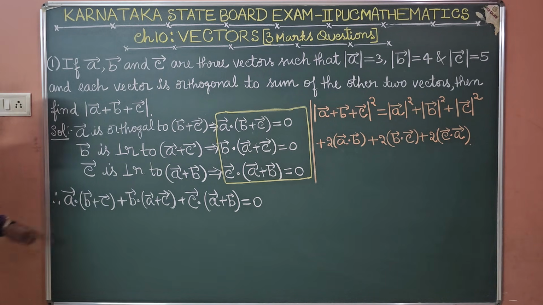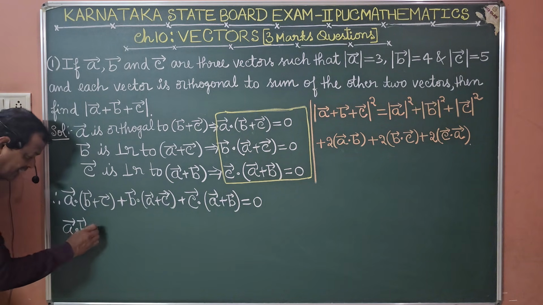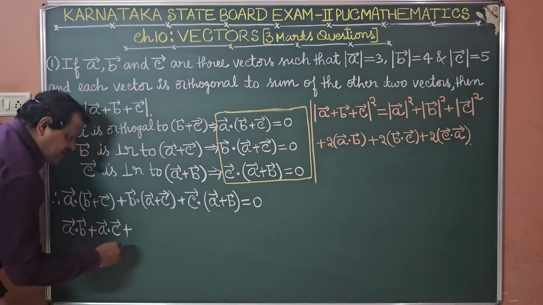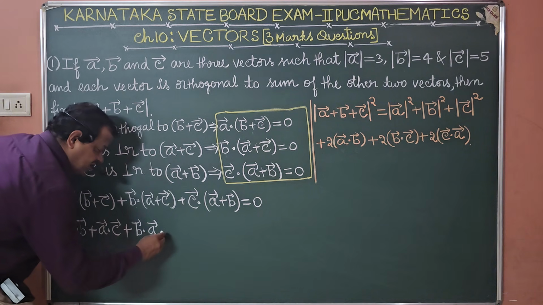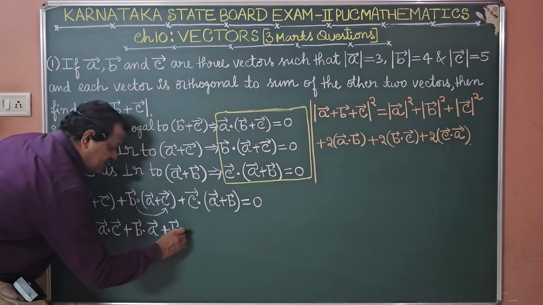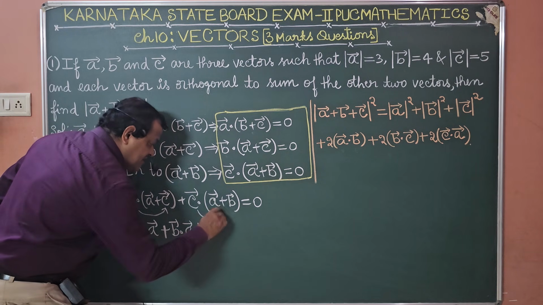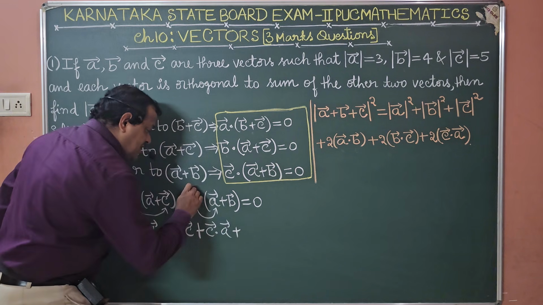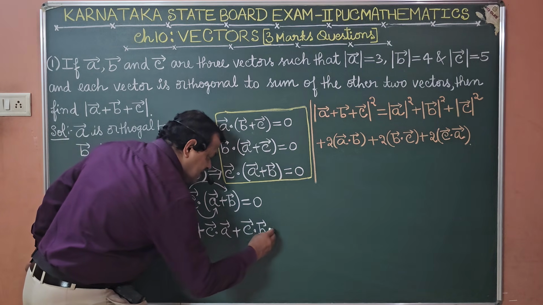That is A vector dot B vector plus A vector dot C vector plus B vector dot A vector plus B vector dot C vector plus C vector dot A vector plus C vector dot B vector is equal to 0.